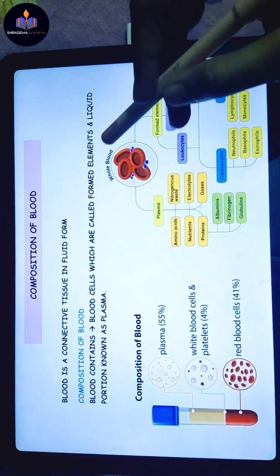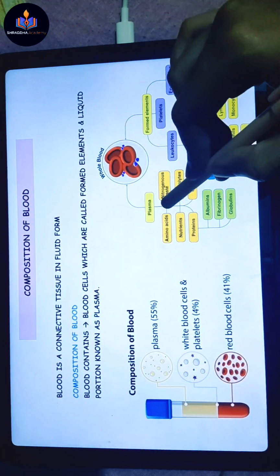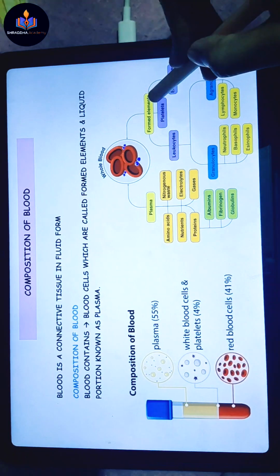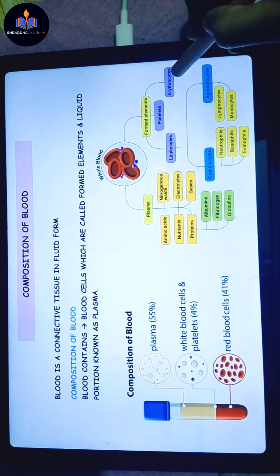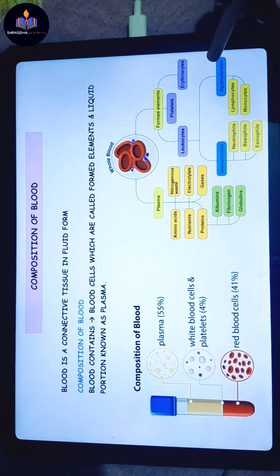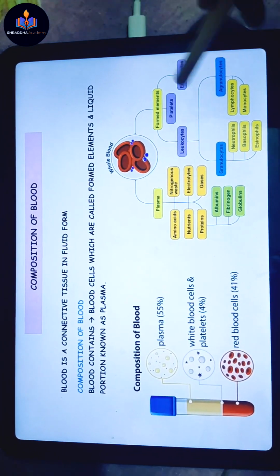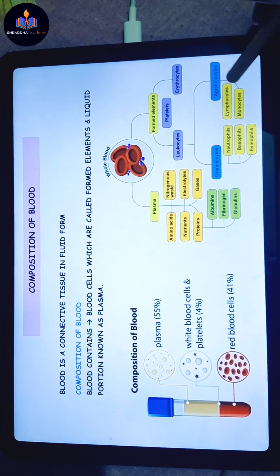Coming to this flow chart, this is the whole blood, which contains the plasma and the formed elements. In formed elements, as you can see, there are platelets, leukocytes (the WBC), and erythrocytes (the RBC). In leukocytes there are again two types, granulocytes and agranulocytes. Agranulocytes are again of two types, lymphocytes and monocytes.